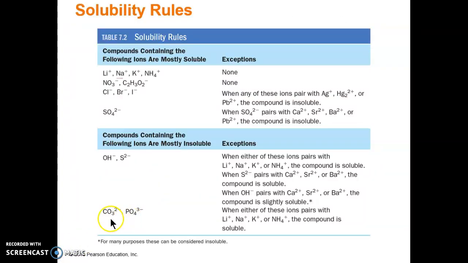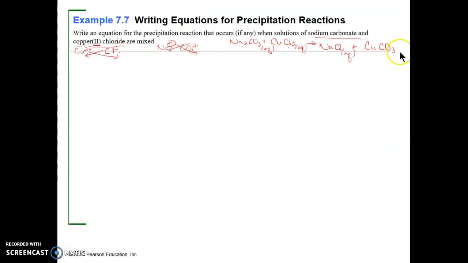And you'll see that with the carbonate you are insoluble. Okay, so let's go back. And we're going to write that this is insoluble, which is a solid.